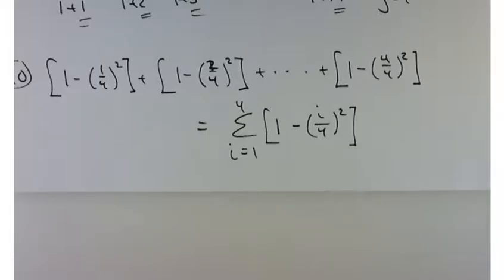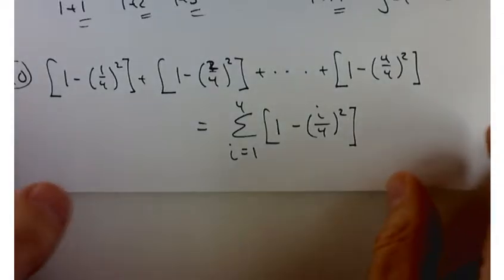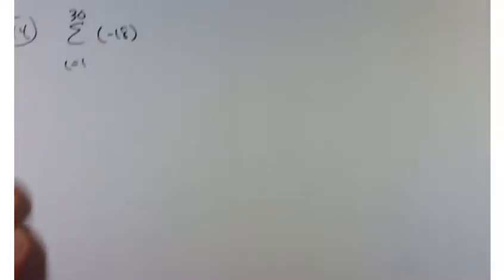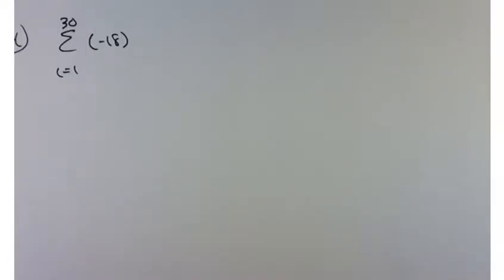All right. Let's try problem number 14. The sum from I equals 1 to 30 of negative 18. So we want to expand this. We want to figure it out.